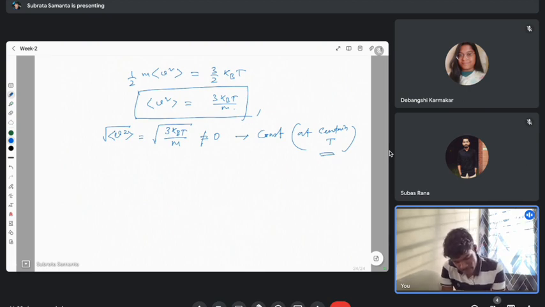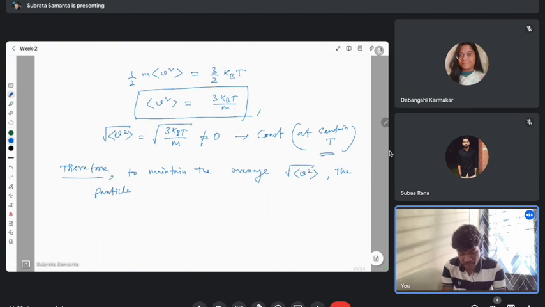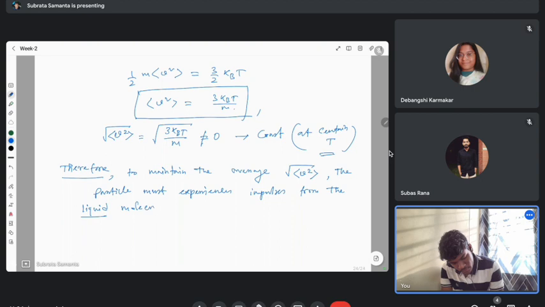Therefore, to maintain the average, root of v square average, the particle must experience impulses from the liquid molecules whose direction and magnitudes are random.